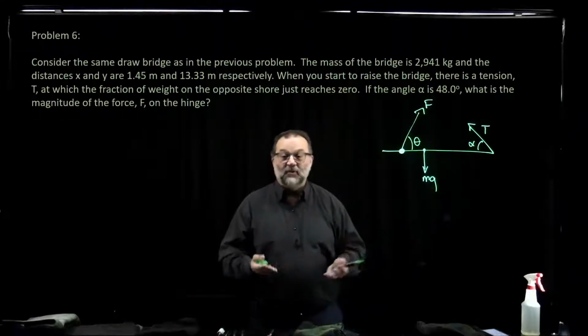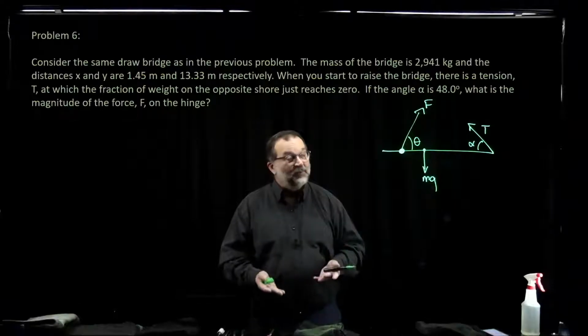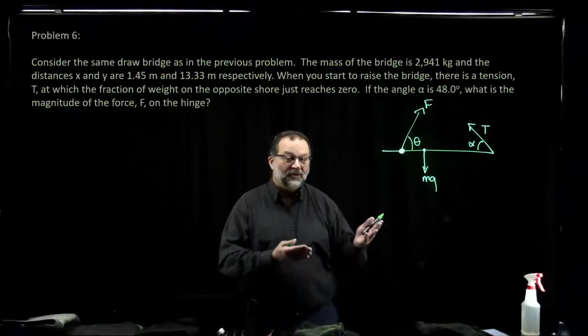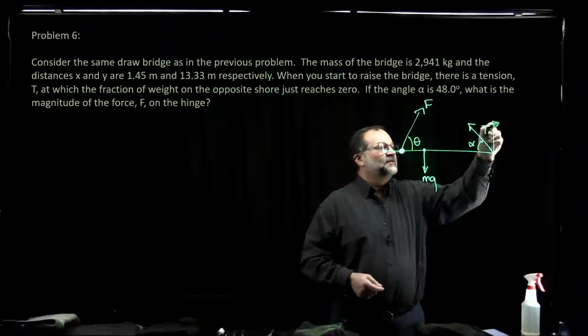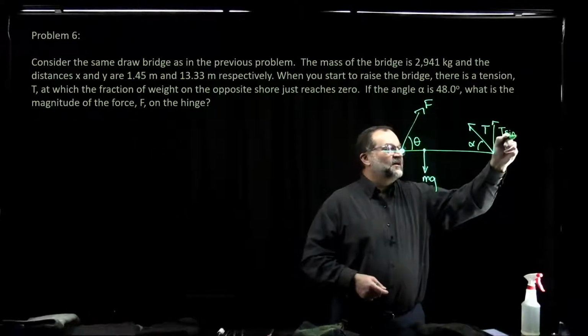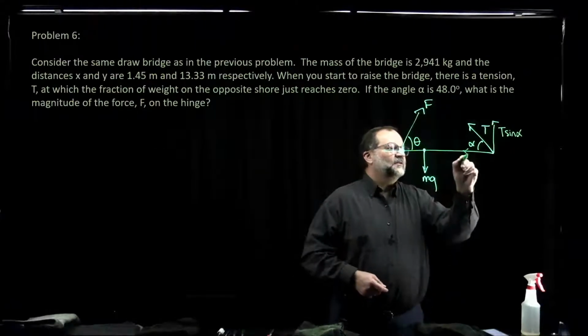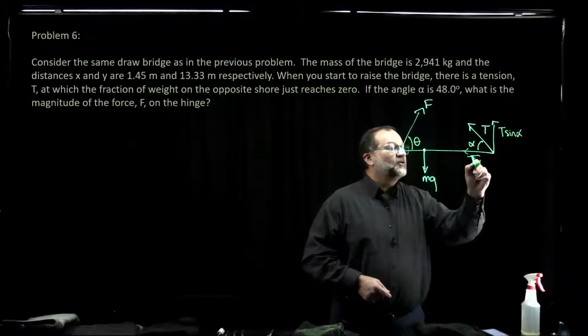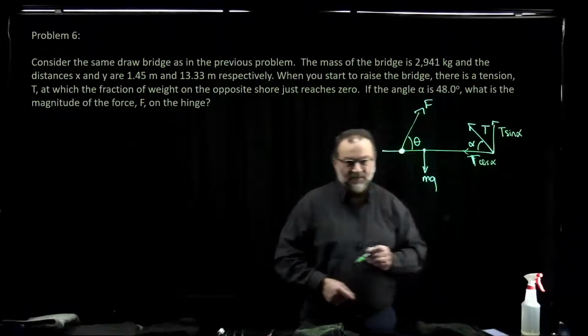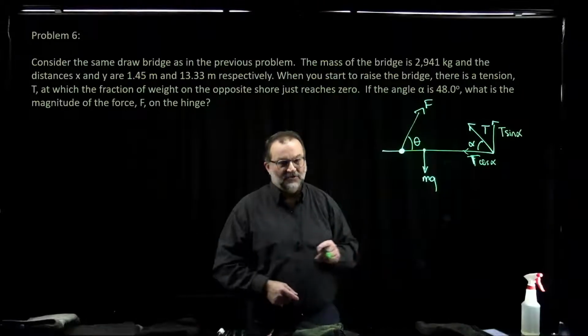Now, there are a couple of ways we could go at this, but the way we went at it in problem 7, where we figure out T, we have here T sine alpha, and we got here T cosine alpha.